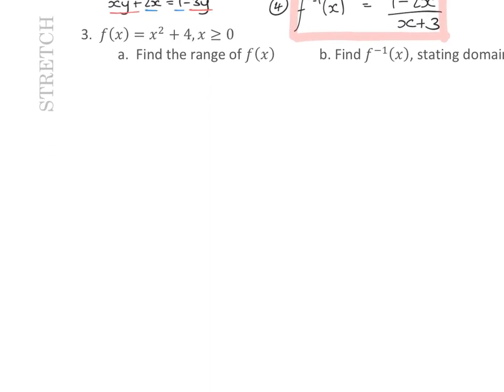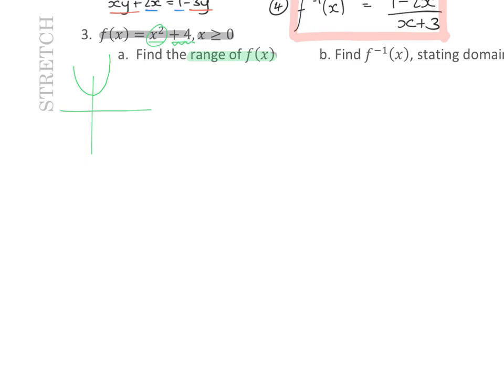Okay, question number 3, f of x equals this, x is bigger than or equal to 0. Part A is find the range of f of x. Now this takes us back to our previous work on functions, where to find the range of f of x, we need to think about the shape of the graph. So I'm going to do this in green. So y equals x squared plus 4 actually looks like this, because it's the x squared function, and that's a transformation.